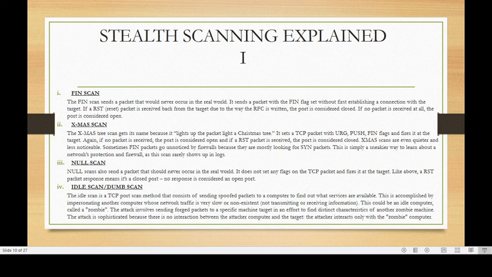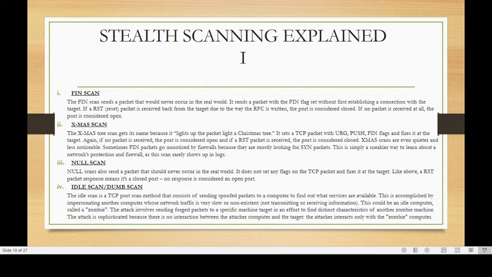Sometimes FIN packets go unnoticed by firewalls because they are mostly looking for a SYN packet. This is actually a sneakier way to learn a target network's potential. On the other hand, the null scan does not set any flags on the TCP packet, and no response is considered as open.